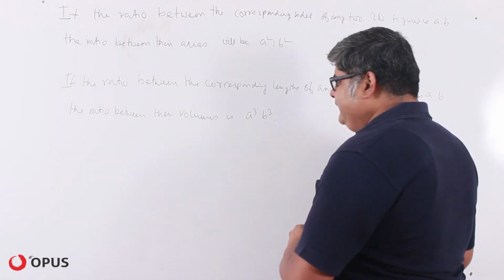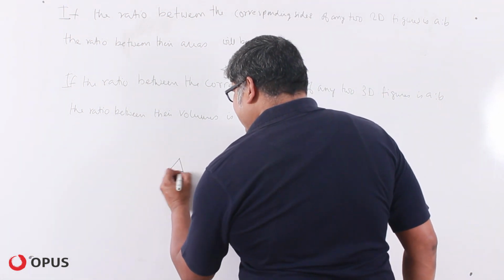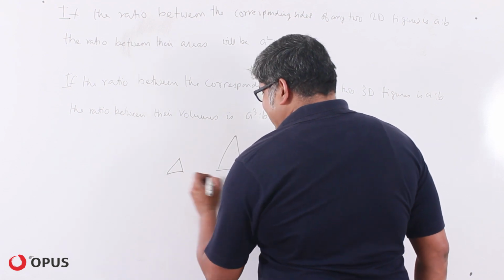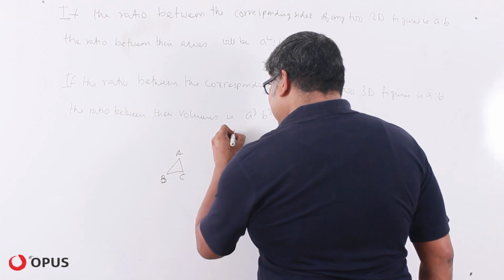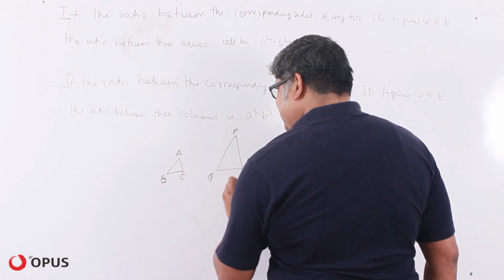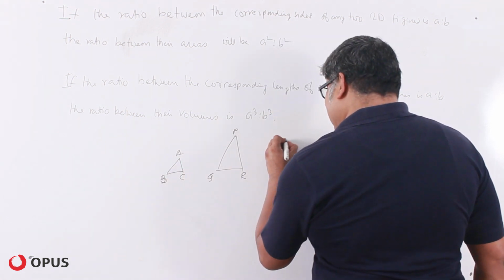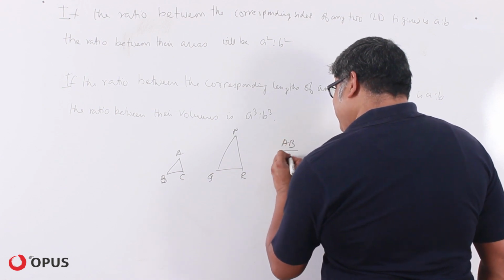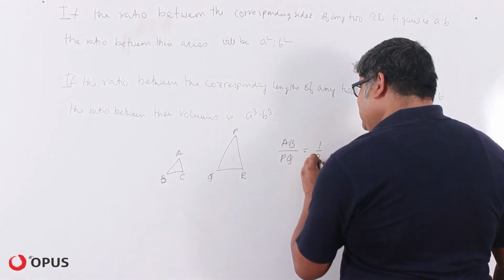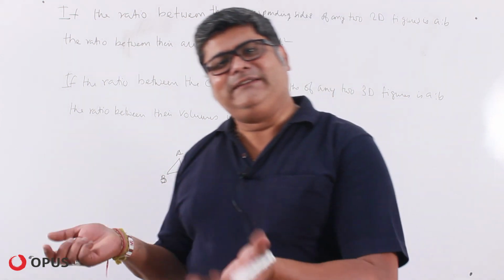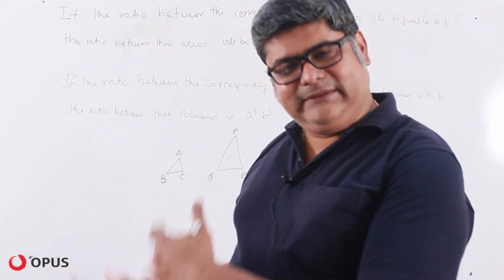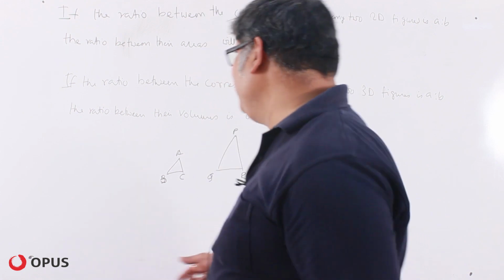Here, say this could be one triangle and this could be the bigger triangle. This is ABC and this is PQR. If I say AB by PQ is 1:3, because the question itself says the sides are increased 3 times, then what would be the corresponding areas?